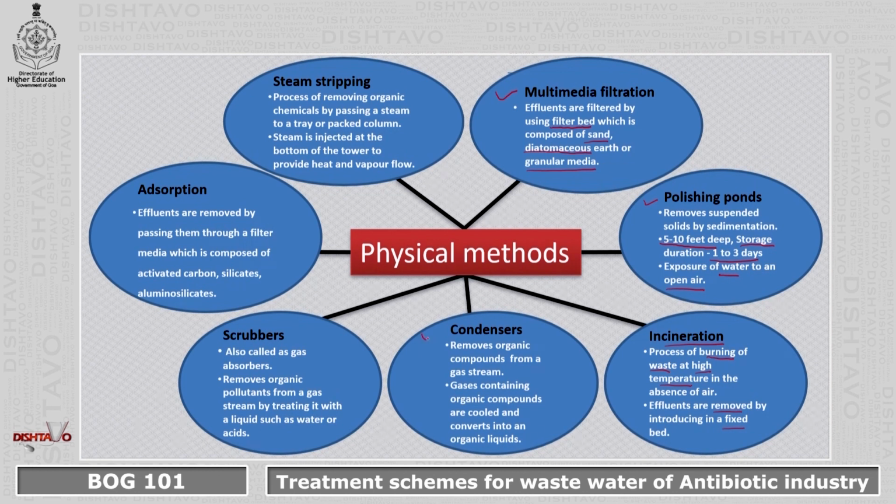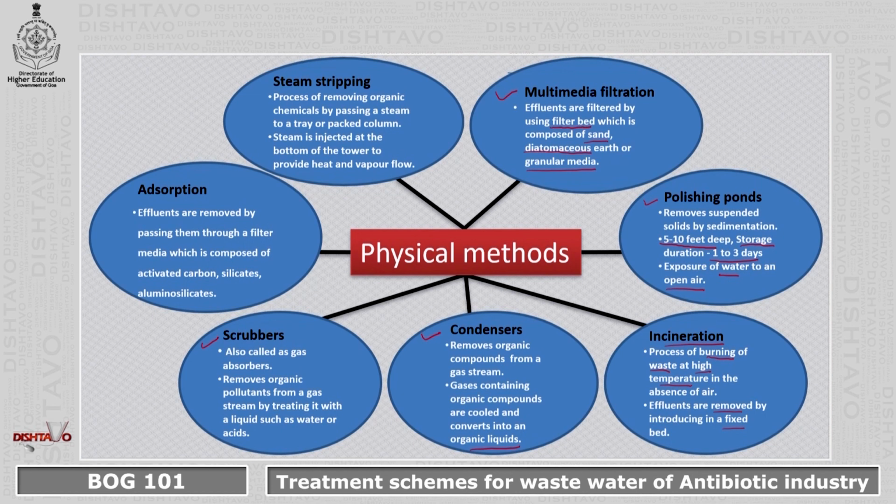The next is the condensers. It removes the organic compounds from a gas stream. The gases containing the organic compounds are cooled below their saturation temperature, converting the gas into organic liquid. The next method is scrubber.